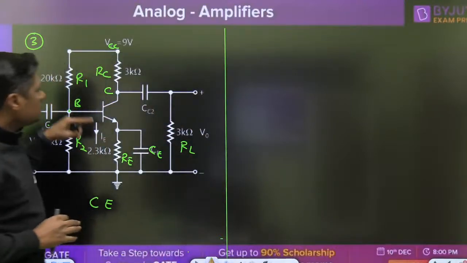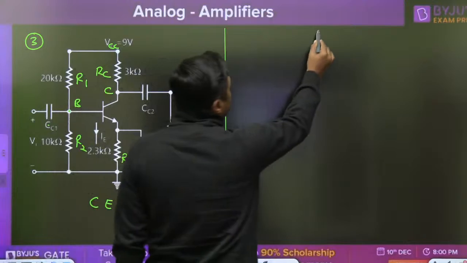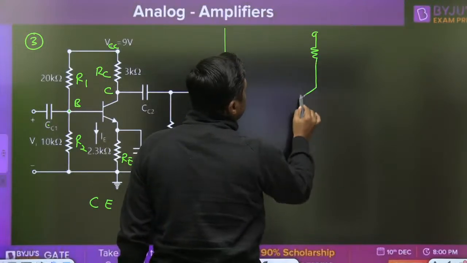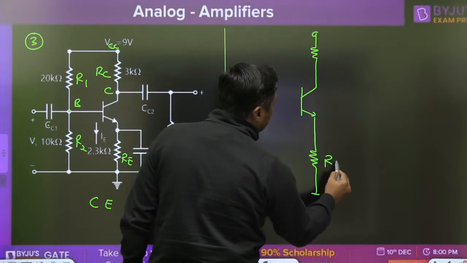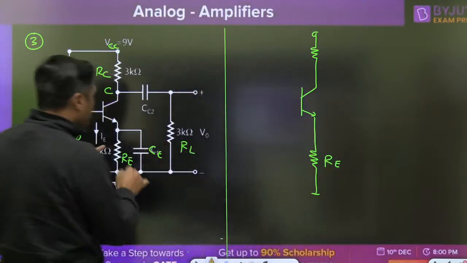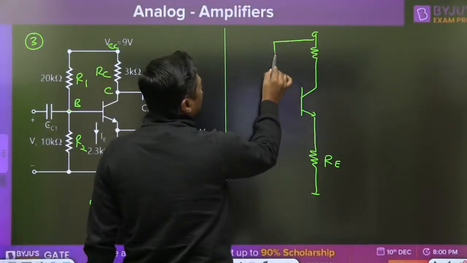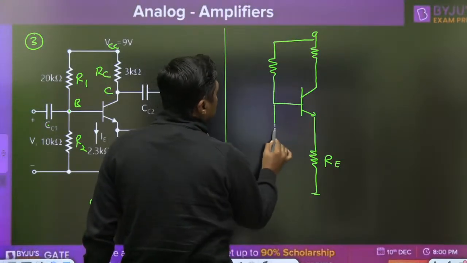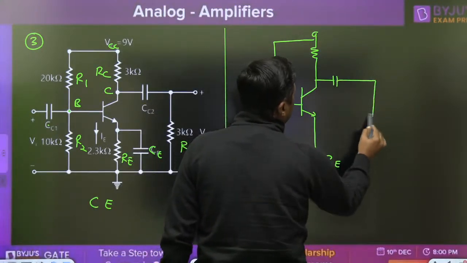Next one is without capacitor. Sometimes we get this question. This is RE, another diagram without a bypass capacitor. This is called unbypassed RE, and you will get the same type of diagram. Here a capacitor is connected.